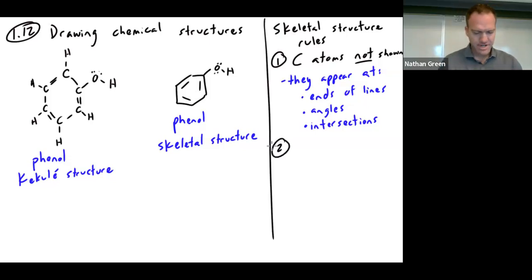Rule 2, hydrogen atoms are also not shown. Carbon and hydrogen are best friends. Everywhere there's a carbon, there's probably a couple hydrogens on there, so we don't show them, if they're bound to carbon.